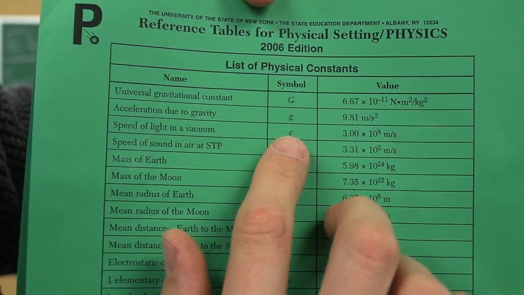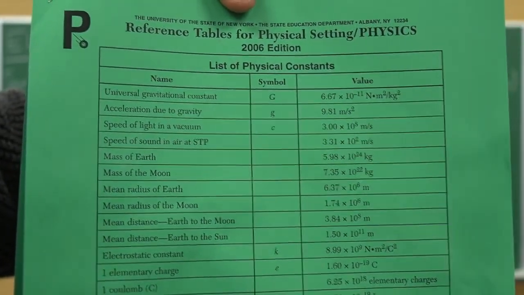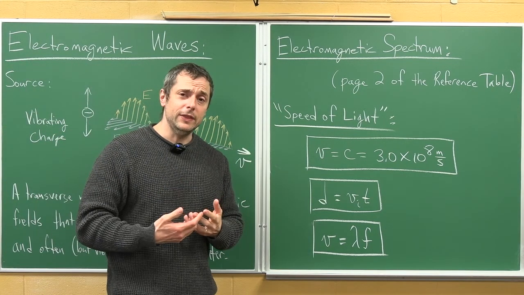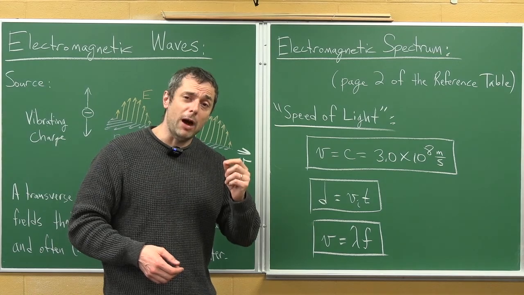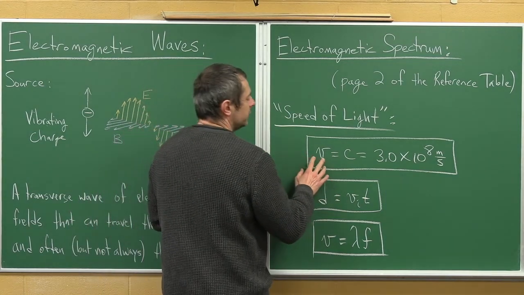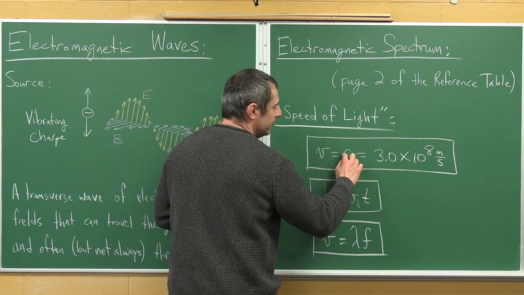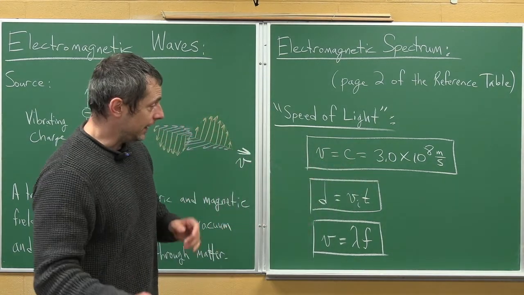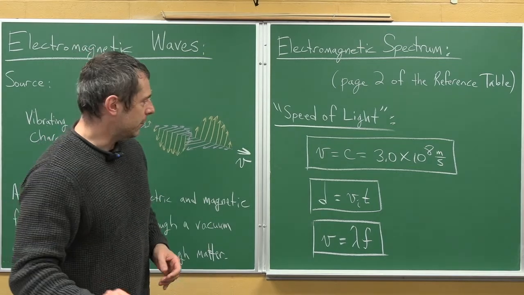The speed of light gets its own symbol because it's such an important concept in physics. It shows up in a lot of theories in such fundamental, powerful ways that physicists decided it needs its own symbol. So when you see c, it means the speed of light, 3.0 times 10 to the 8th in the reference table.